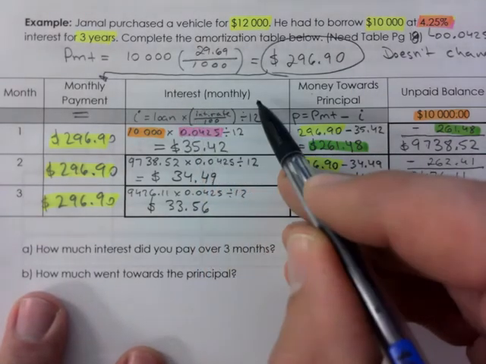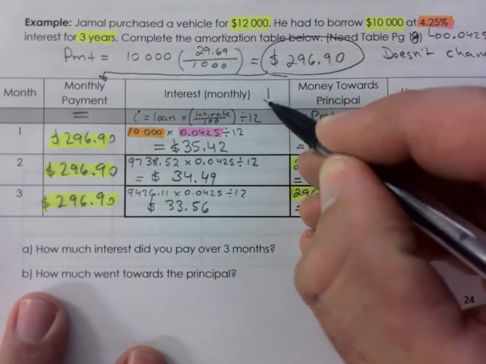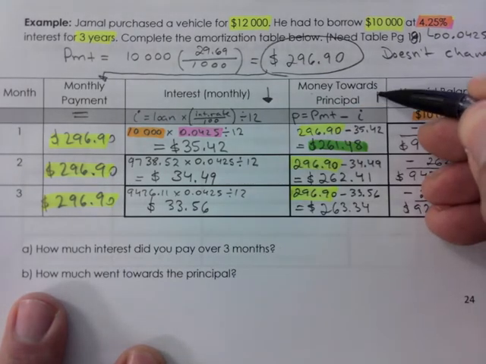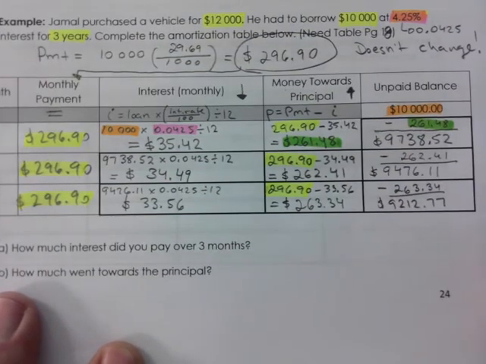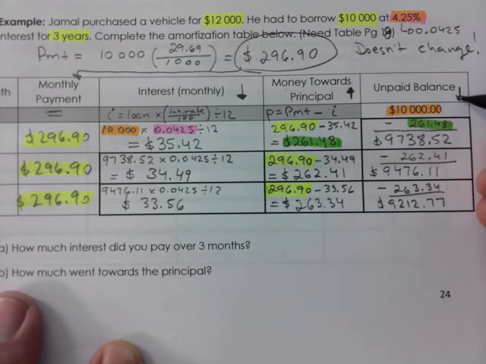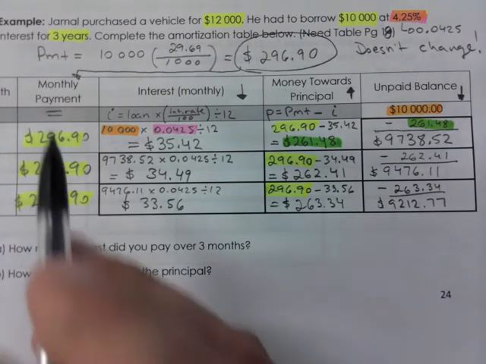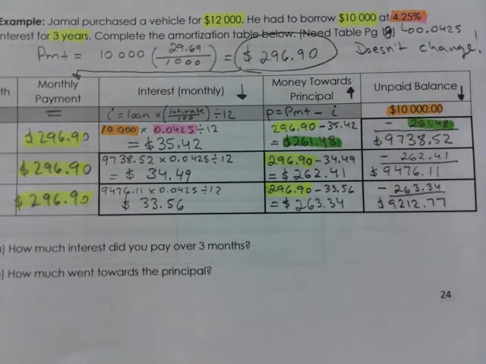So under the interest, this number should go down over time. This number should go up over time. And this last column here should also be dropping over time. And the payment, of course, stays the same. And now I can ask you a bunch of questions to see if you understand this table.